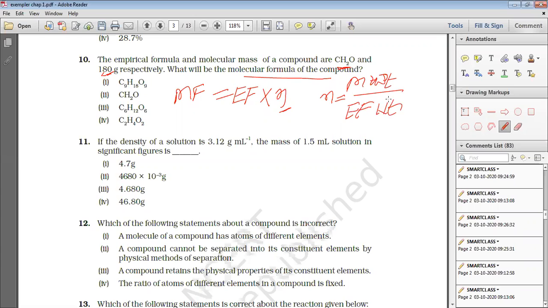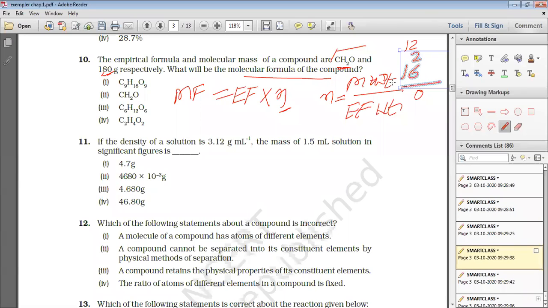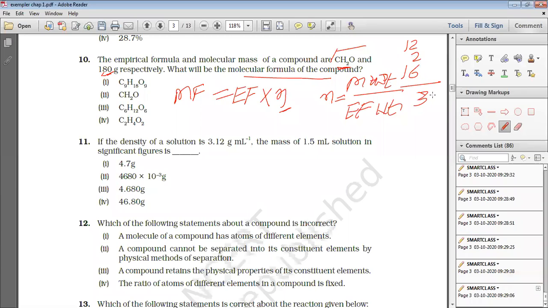So first let's look at what is the empirical formula weight. Here we have C, so for C we write 12. H2, so we'll write 2. And for oxygen we shall write 16. So empirical formula mass is going to be 30 for us, my dear students. And the molecular mass is 180.